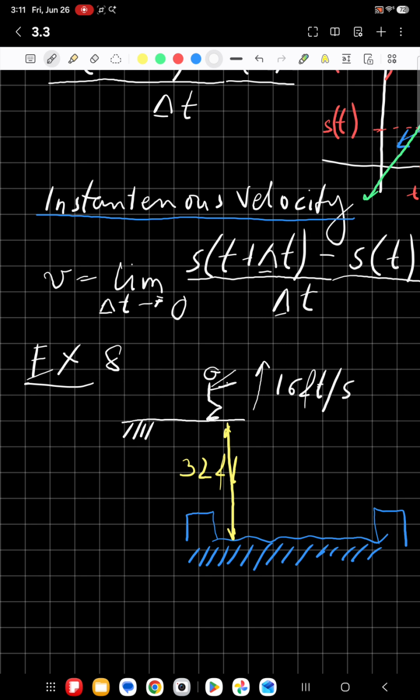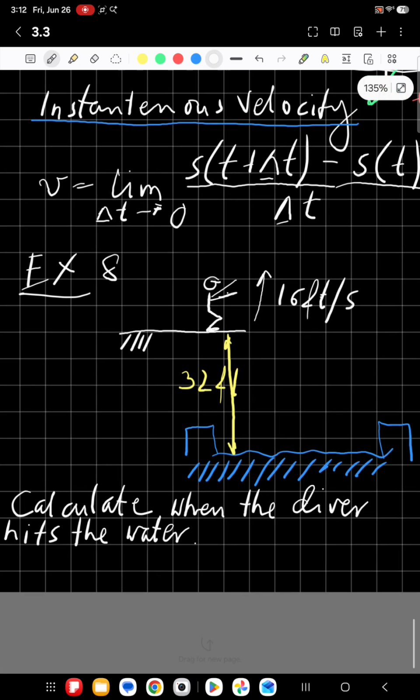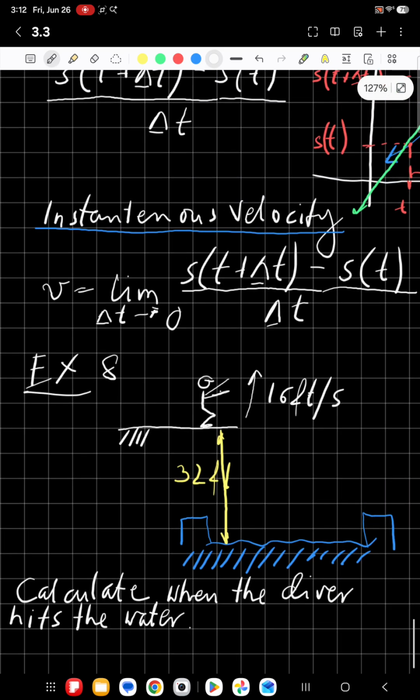And the question is, calculate when the diver hits the water. That's the first task, and then at what velocity?